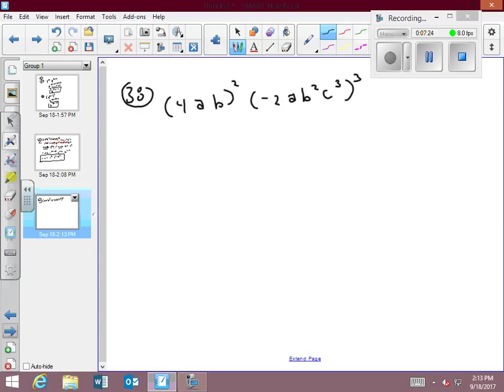So this first bracketed item, we've got to clear that power out. So what we want to do is go 4, and we have to square it. Now technically, if I want to prime factor it, I would write it as 2 squared. I'm going to go 4 squared, a, and it's 2 times 1, isn't it? It's a to the first times 2, b to the first times 2.